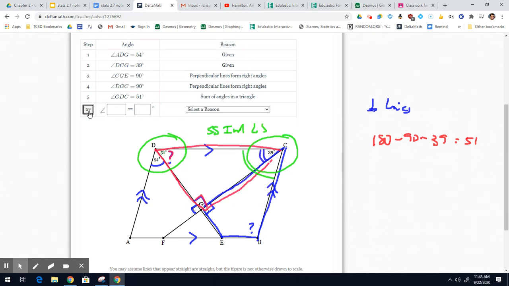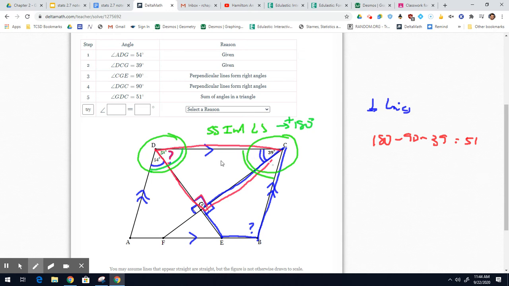All right, good. So now that I have that, somehow I can find this big green angle now because I have parallel lines cut by a transversal. These two angles, this big angle here and this big angle here, are same side interior angles, which means they have to be supplementary. They have to add to 180 because if lines are parallel, same side interior angles are supplementary.